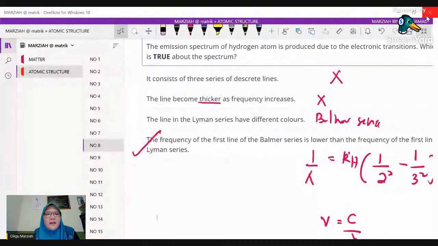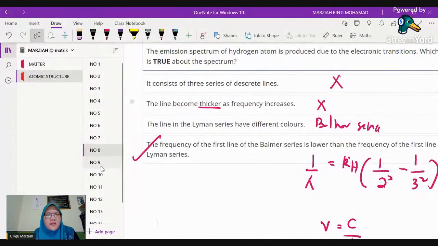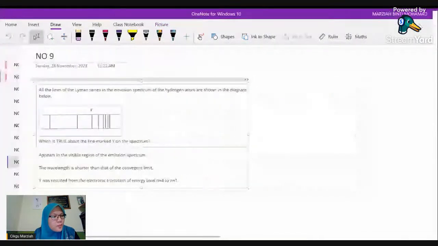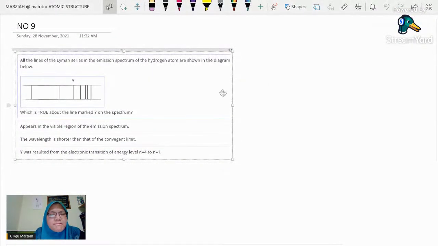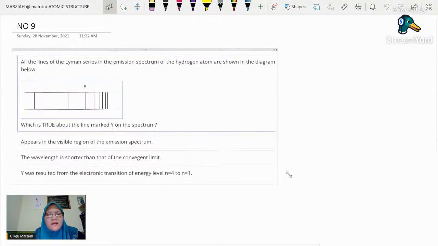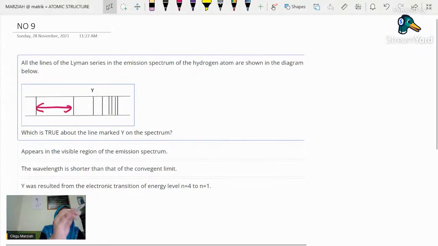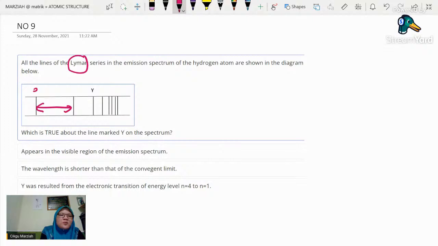Okay, number 8. Now let's look at number 9. Okay. Kalau kita nak baca line spectrum ni, yang jarak dia besar ni, maksudnya lambda dia besar. So this is the first transition lah. Disebut Lyman, maknanya this is n equal to 2 to n equal to 1.